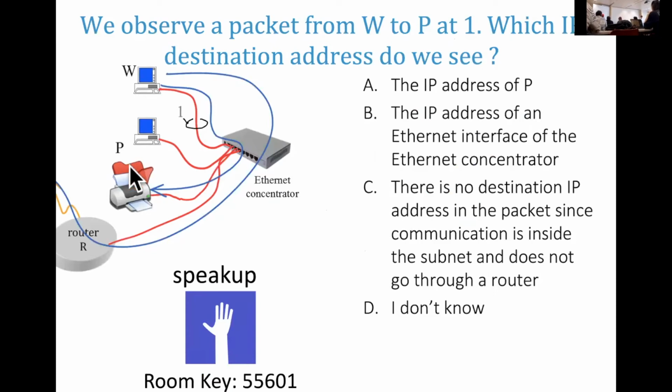Time for a small quiz. W sends a packet to the printer, and here we observe packets. When these packets are out of W, we look at the packets, and I'm asking what is the IP destination address that we will see. So I open the poll.